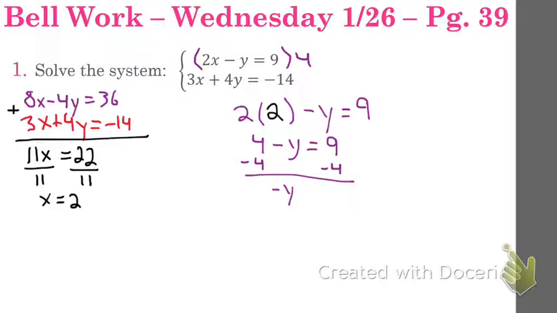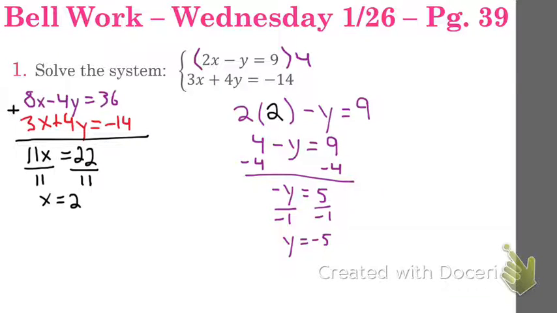So it's negative y equals 9 minus 4 is 5. And then to get our y to be positive, we divide both sides by negative 1. So y equals negative 5, which 2 times 2 is 4, minus negative 5 is 9.